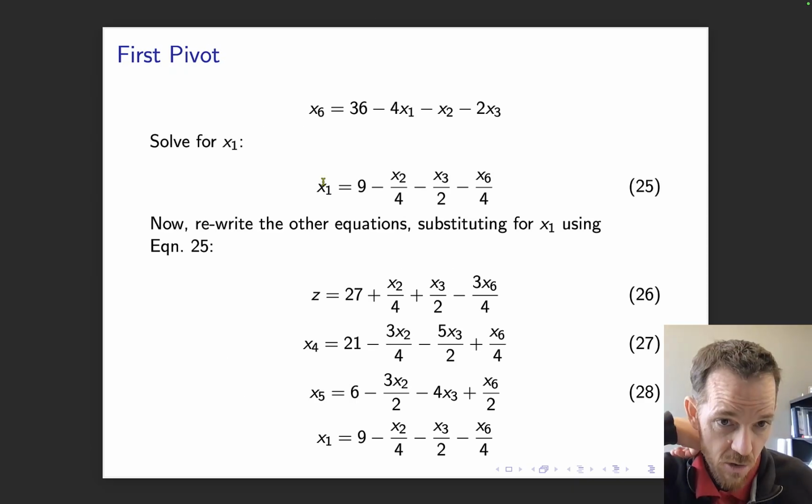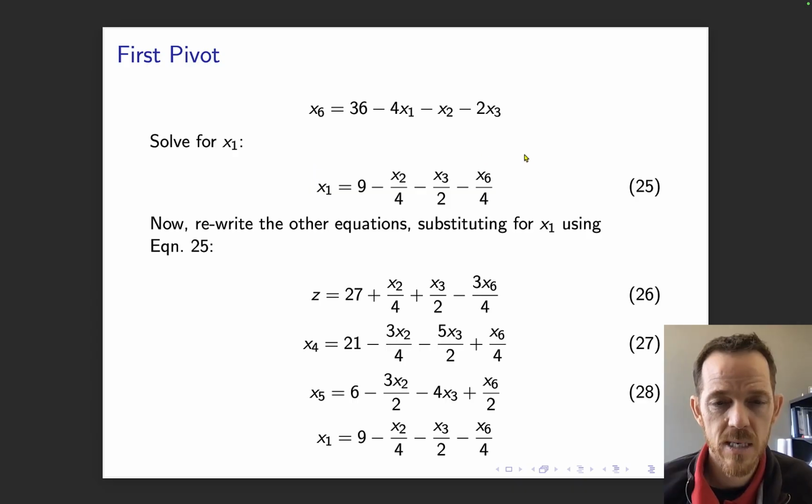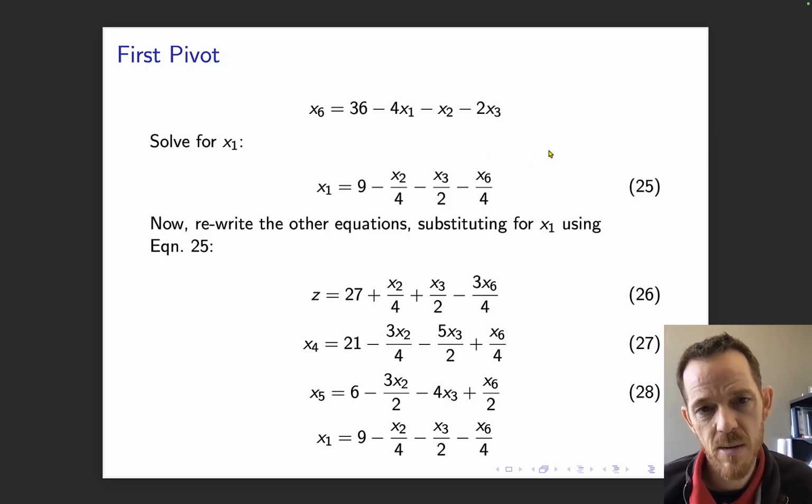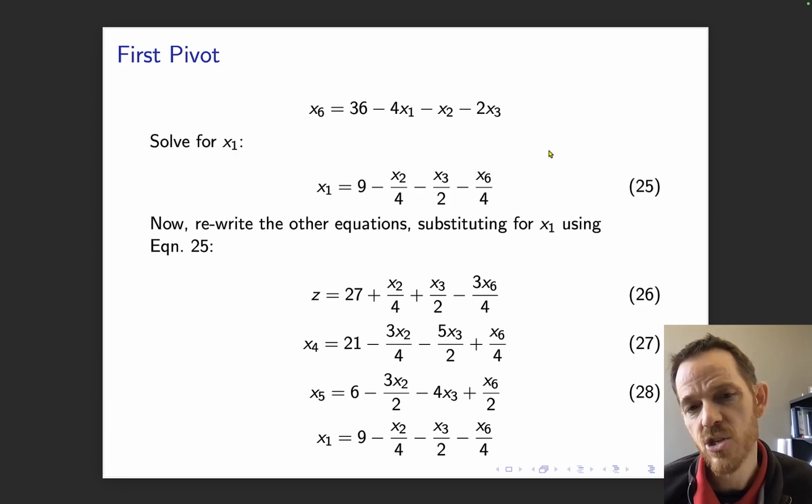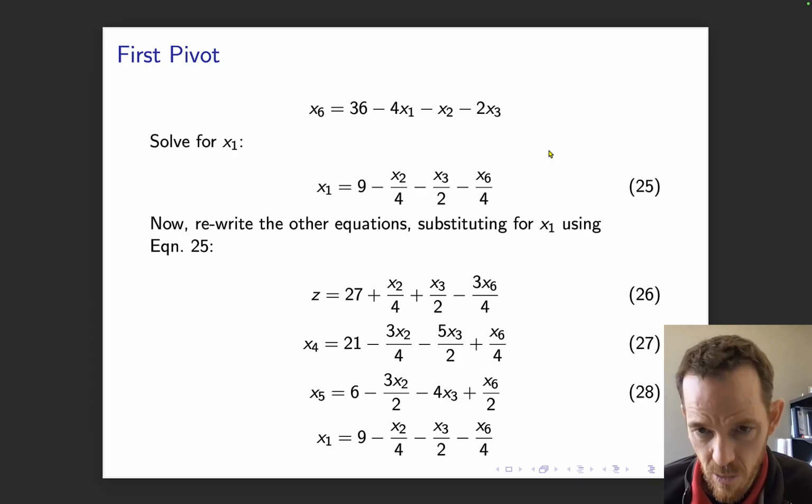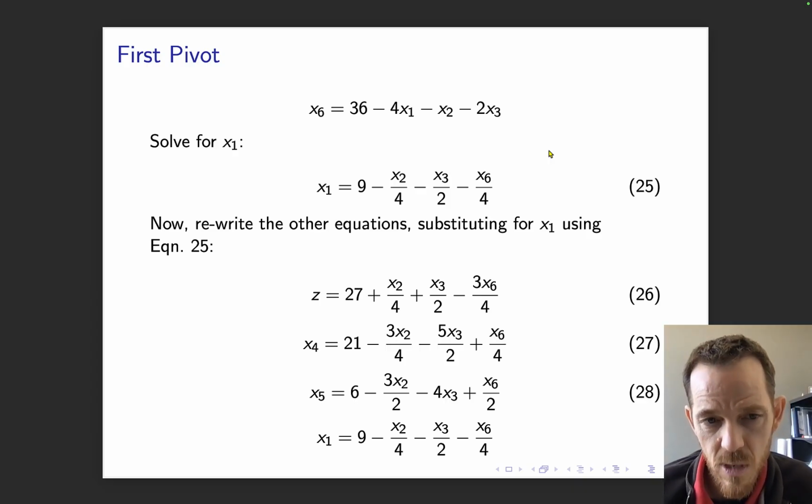So we're going to take x sub 6 and solve it for x sub 1, and then we're going to substitute that equation into all of our other equations. As you can imagine, this gets pretty messy pretty quickly.